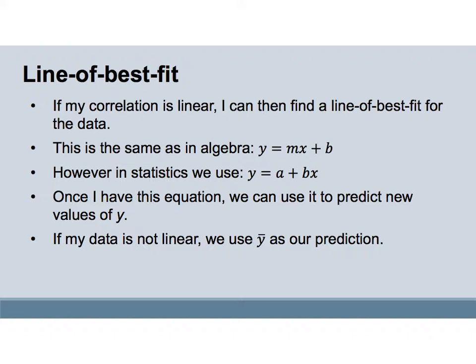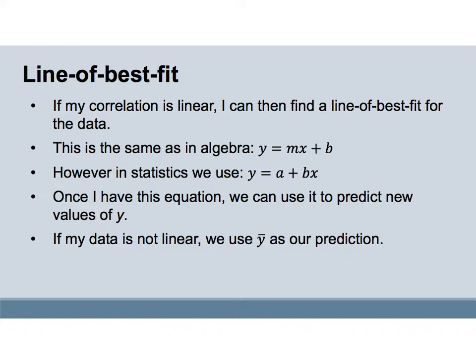If it is linear, then I can get a line of best fit. This is the same line as in algebra, y equals mx plus b, but for whatever reason, in this book in statistics, we have to use y equals a plus bx. Same thing, just different letters and in reverse. In the calculator, it's the second LinReg that we go to, and I'll show you that in just a second.